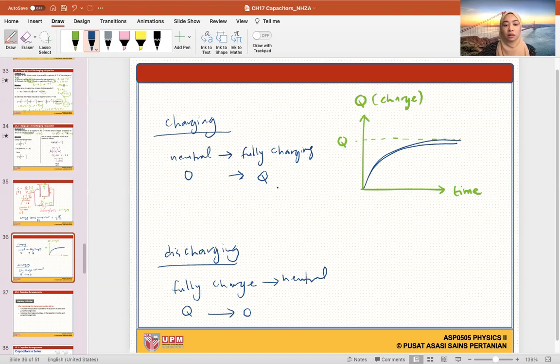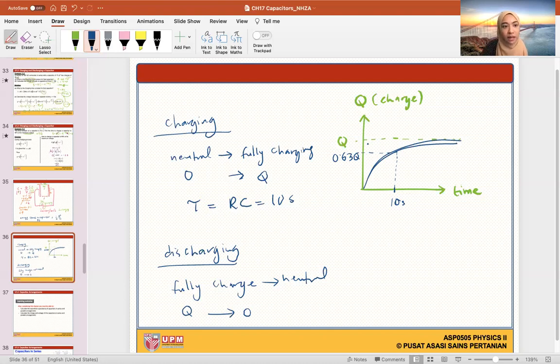And there is an important piece of information that you need to know about charging, which is related to the time constant. Time constant is equal to RC. So at time equals the time constant, at time equals RC, depending on what your RC is. Let's say your RC is equal to 10 seconds. So at 10 seconds, you should know that the charge in your capacitor has reached 0.63 of the maximum charge that it can store, or 63% of the charge that it can store.